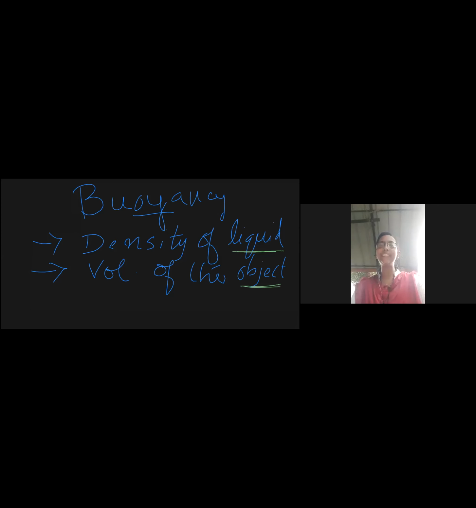I think you are clear with these factors. Yes, Aparna teacher. It was an amazing fact that two factors affect buoyancy. Now we have a doubt: is there any relationship between water displaced and the upward force? Yes, teacher. There is clearly a connection between the water displaced and the buoyant force.